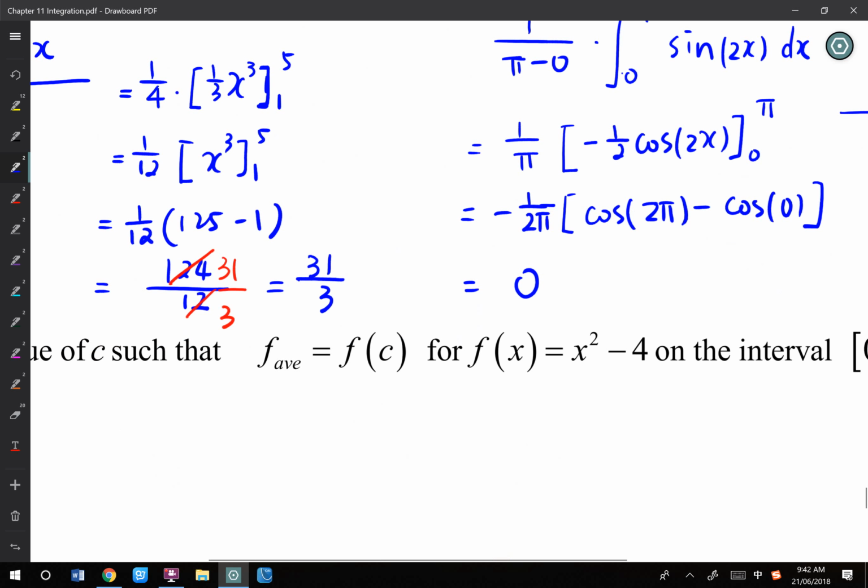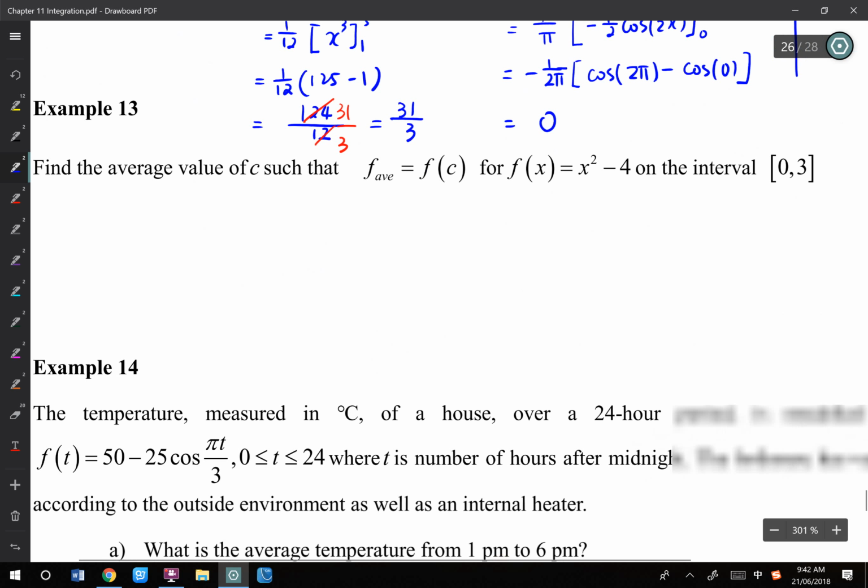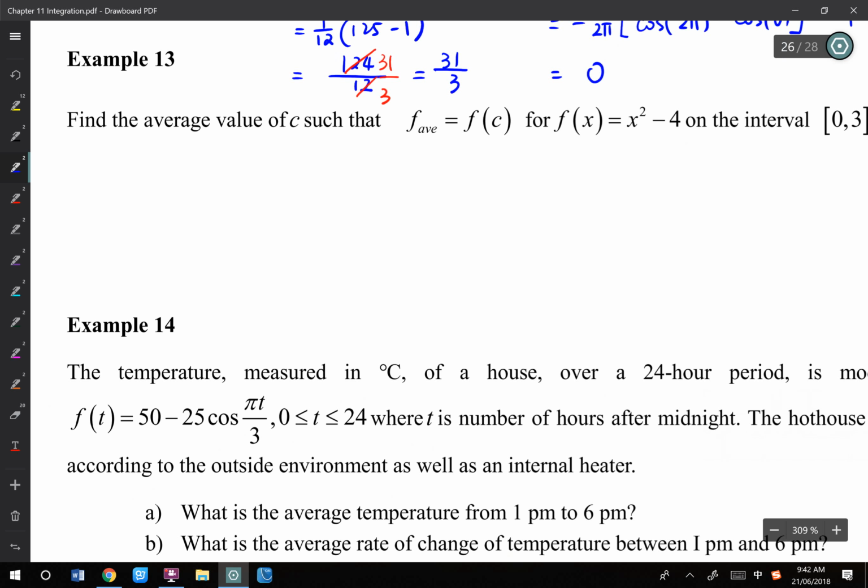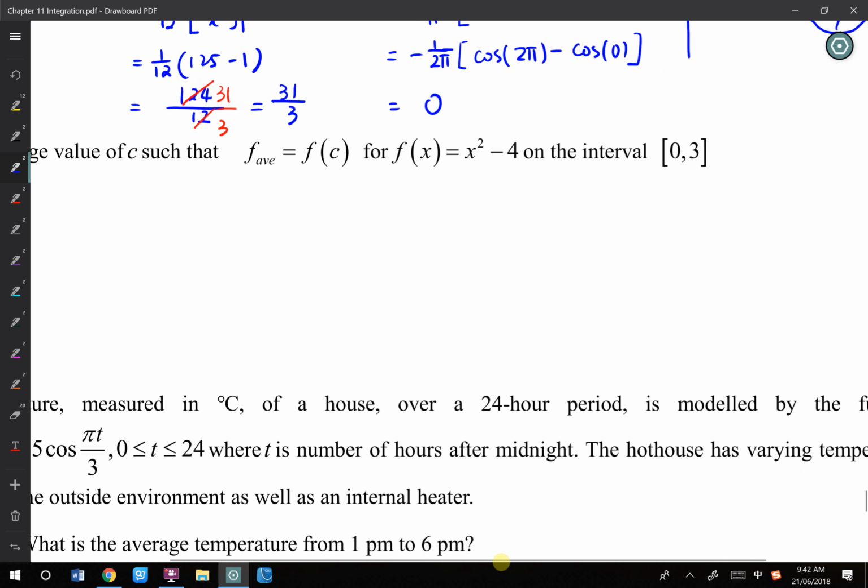Okay, let's have a look at the next one. Find the value of C such that f average equals f(c) for f(x) equals x squared minus 4 on the interval of 0 to 3.